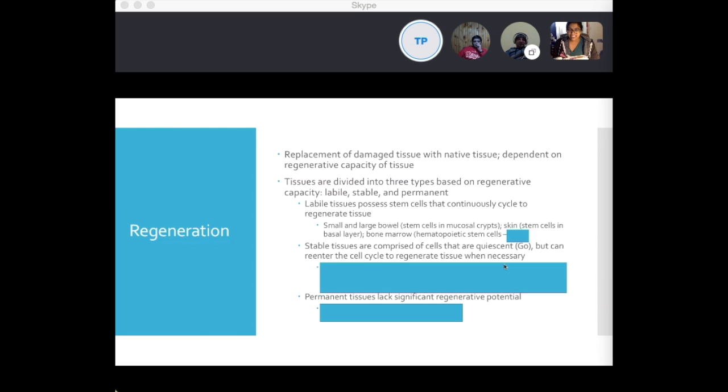These are also reasons, just to chime in, why you see immunosuppression in chemo patients. Because these are our labile tissues, they get hit by chemotherapy. So hence why chemotherapy patients are going to vomit, have hair loss and dry skin, and be immunosuppressed, because all the labile tissues are getting hit.